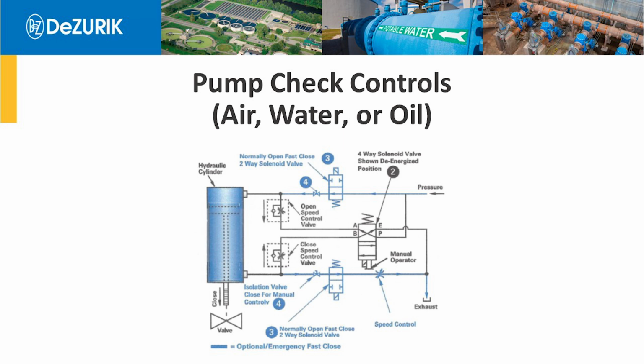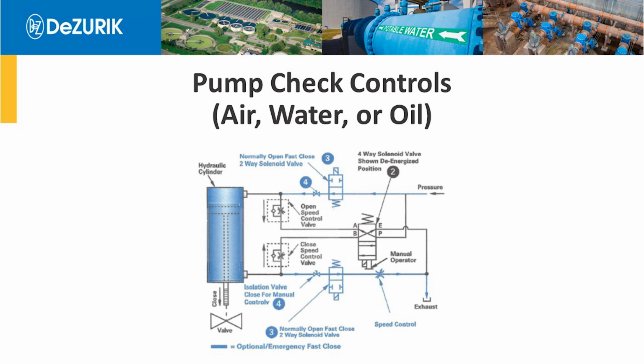And the configuration is generally a 120 volt single phase ASCO Red Hat type solenoid that is energized or de-energized that switches the flow path to the hydraulic cylinder. And the hydraulic cylinder will be configured with needle valve speed controls. There'll be one for opening speed and one for closing speed.